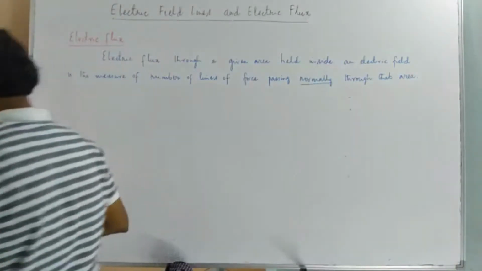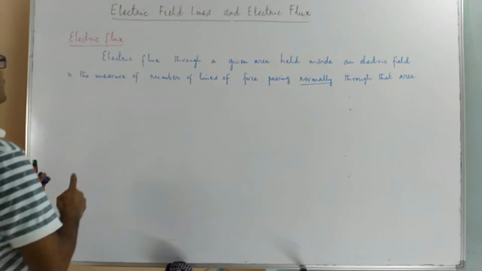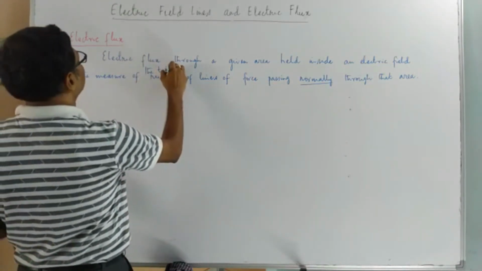Okay, so we can see that the electric flux through a given area held inside an electric field is the measure of the total number of lines.